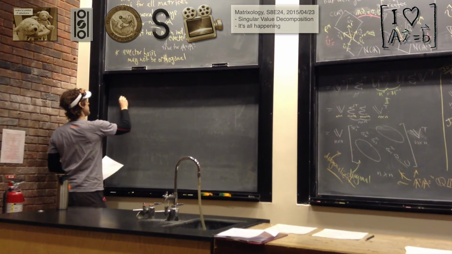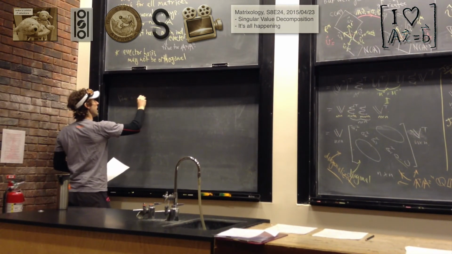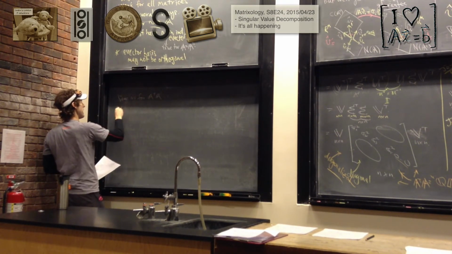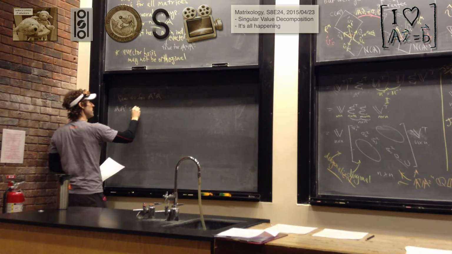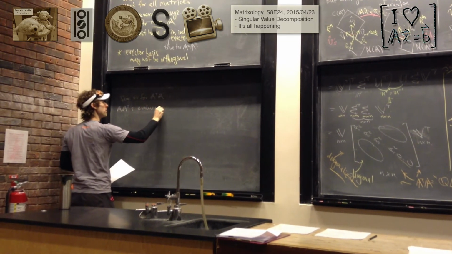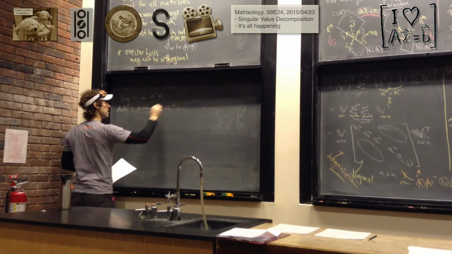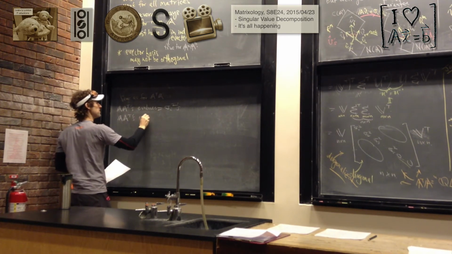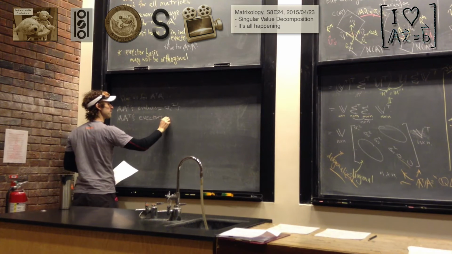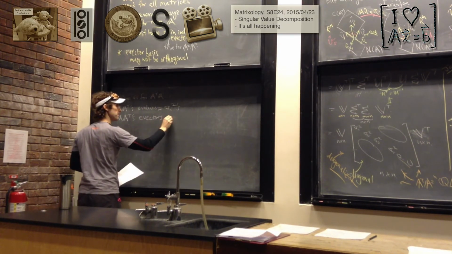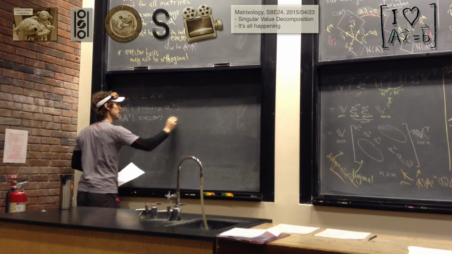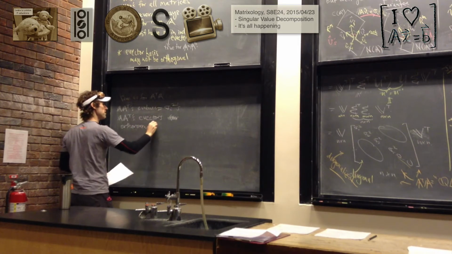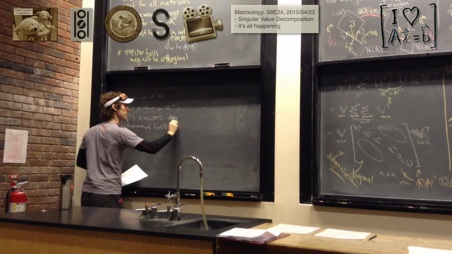So, same idea as for A transpose A. We get AA transpose's eigenvalues equal the sigma i squareds, and AA transpose's eigenvectors, because it's symmetric, form the orthonormal basis, the U's, right?